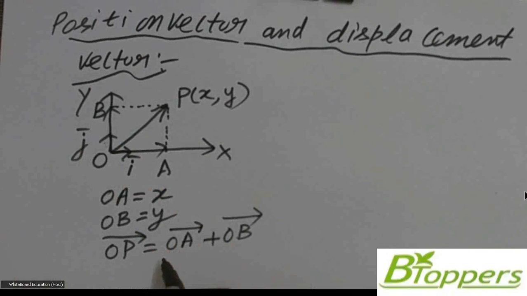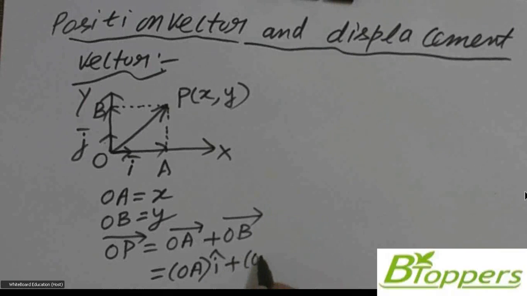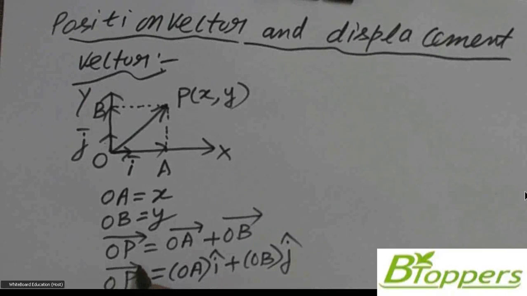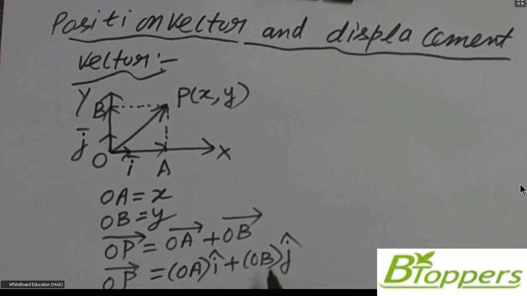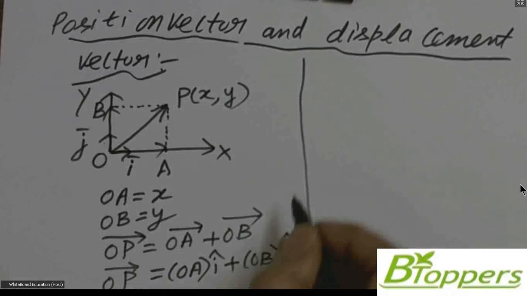Any vector can be written as the product of its magnitude and unit vector in the same direction. So vector OA bar can be written as OA into i cap. Similarly, vector OB bar can be written as OB into j cap. So the direct line segment OP bar can be written as OA into i cap plus OB into j cap.